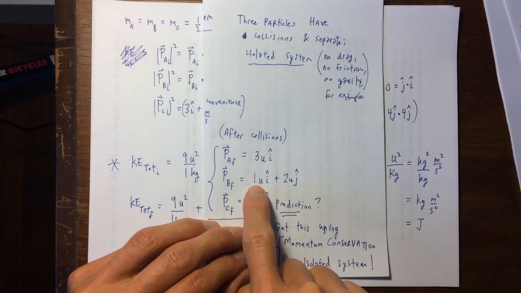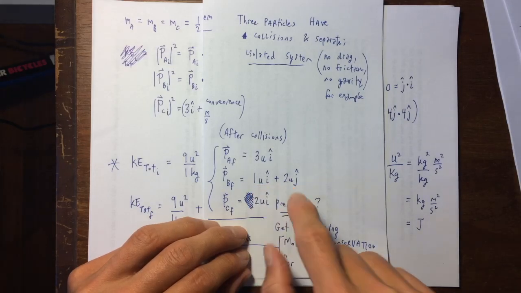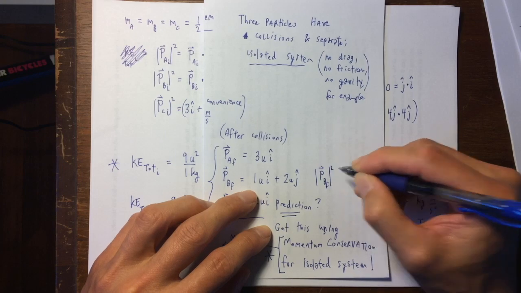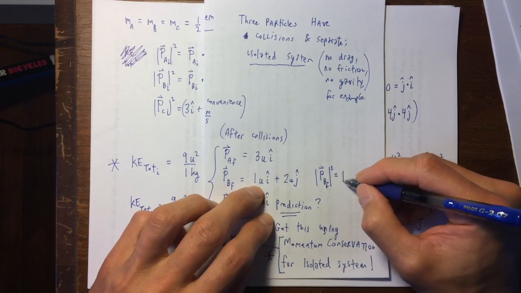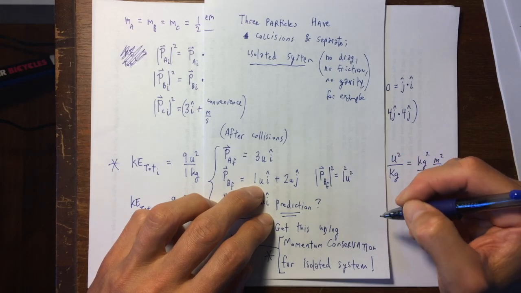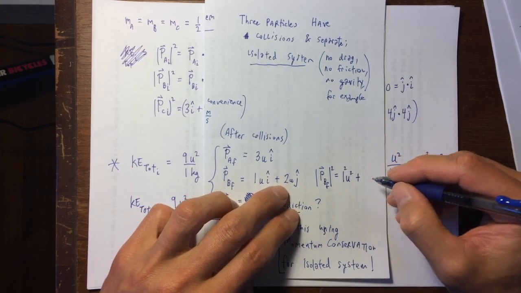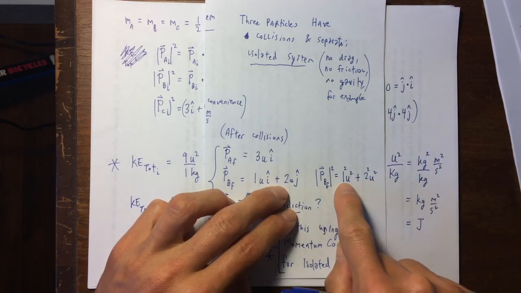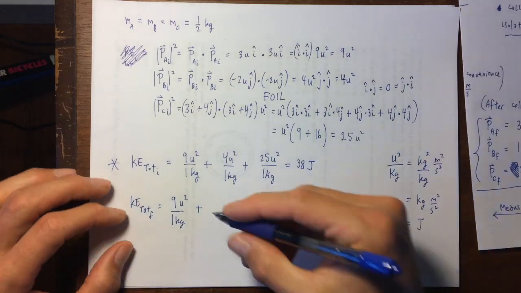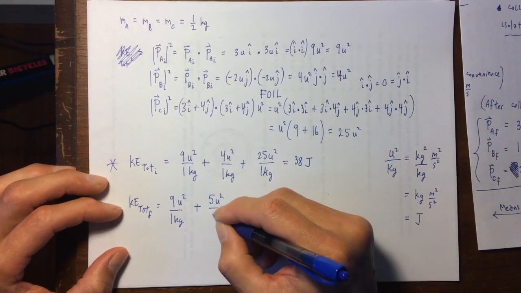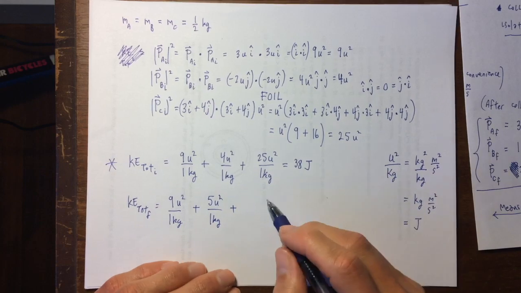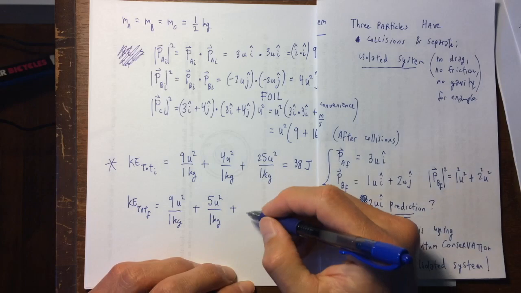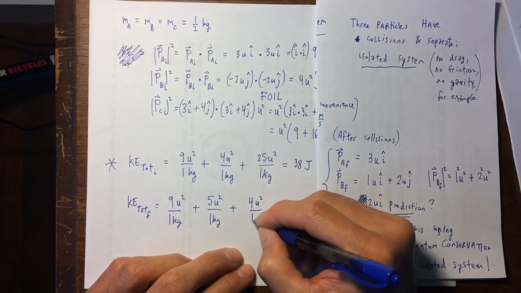It's essentially just this squared plus this squared. So P sub B final magnitude squared equals 1u squared plus 2u squared. So that'll be 4u squared plus 1u squared is 5u squared, also over a kilogram, plus, and then the last one is here, 4u squared over the kilogram.